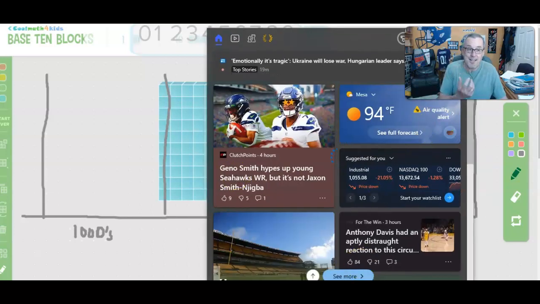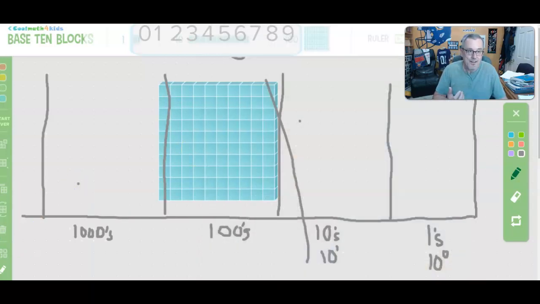And if you got 10 tens, that would be 100, and you'd start to keep track of hundreds, 10 squared. Notice, look at this picture. It's 10 by 10, 10 groups of 10, 10 times 10, 10 squared, 100.